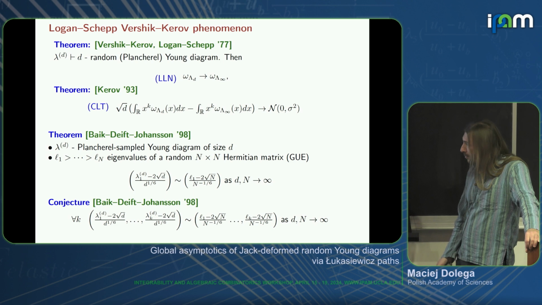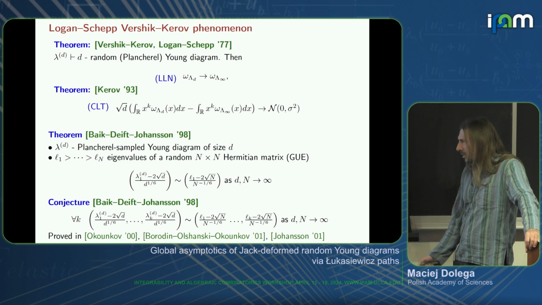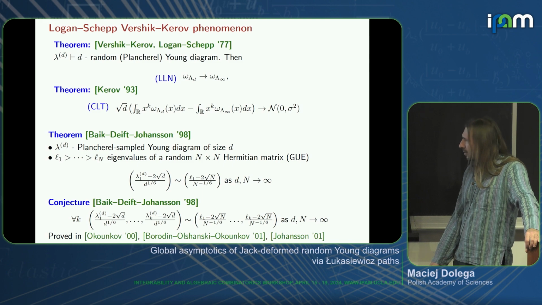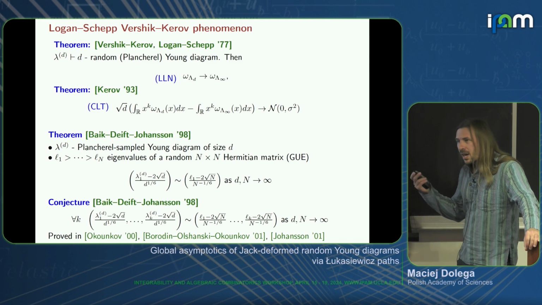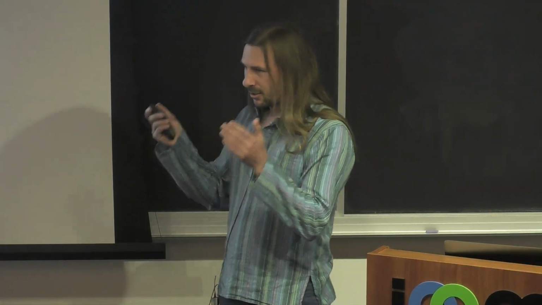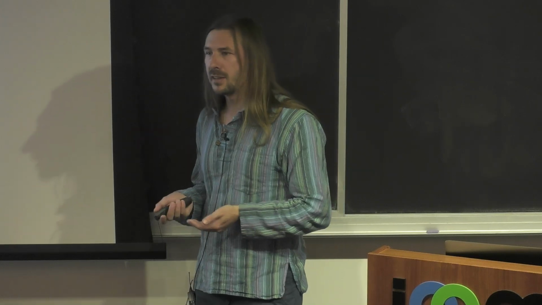It was conjectured by Baik, Deift, Johansson, and then soon after it was proved in three different papers. I recommend all these papers to you; they're very beautiful. So we know that random Plancherel Young diagrams are a perfect discrete counterpart of Gaussian unitary ensembles.